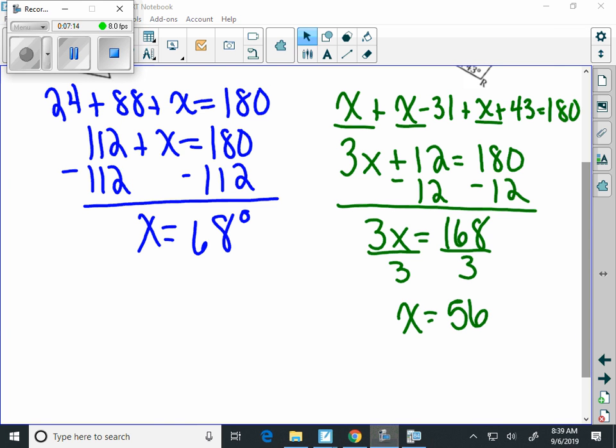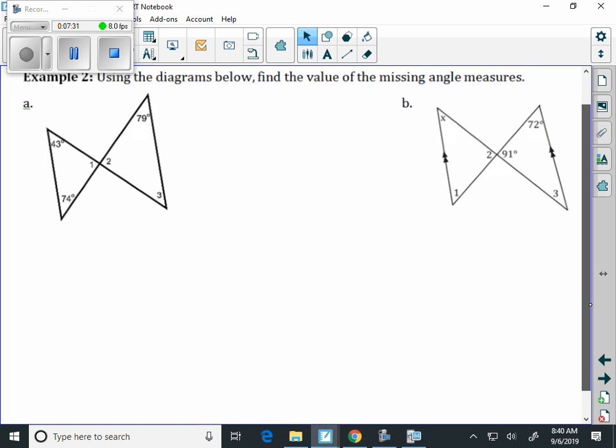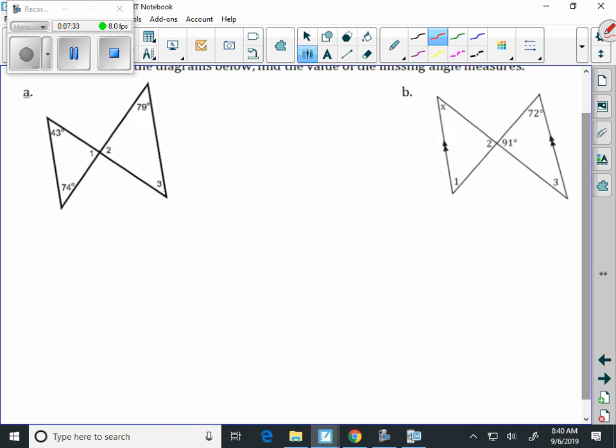Thank you, Carly. So we look at example 2 here. Kind of looks like a bow tie. It says using the diagrams below, find the value of the missing angle measures. Let's start with the triangle to the left, because what we know is if we take 43 plus 74, and then we want to find this angle 1, which I'm going to call angle A, I'm going to use A for angle, equals 180.